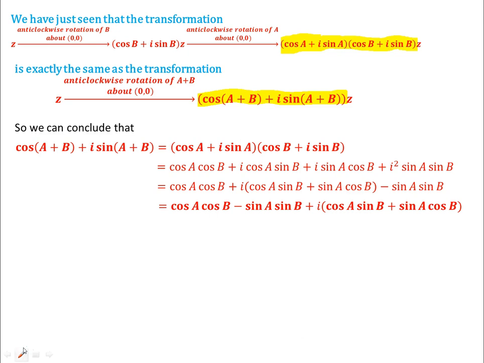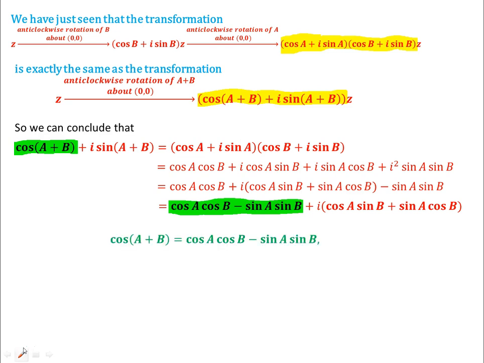Now on the right hand side, the real term is cos of A plus B. On the left hand side, the real term is cos A cos B minus sin A sin B. So we must have cos of A plus B is the same thing as cos A cos B minus sin A sin B. Looking at the imaginary terms on each side, we've got sin of A plus B must be the same thing as sin A cos B plus cos A sin B. Notice I've just switched the order around in terms of the two imaginary terms.